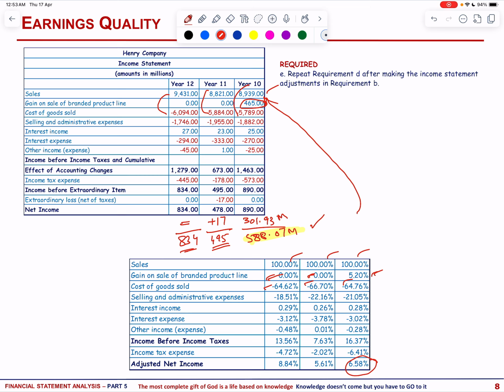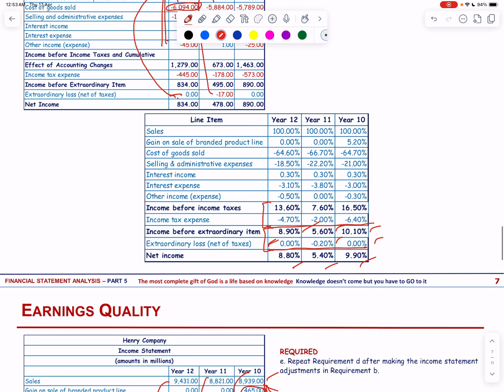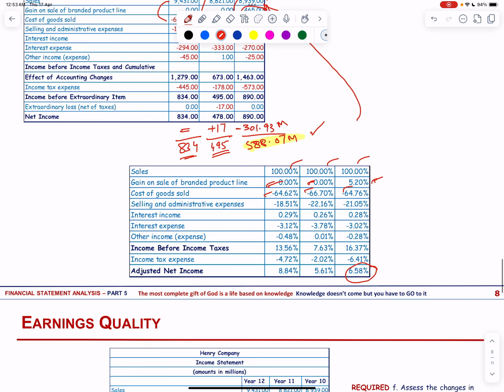So you can see that after removing the non-recurring gain by 301 million, Henry's profitability in the year drops. If you remember, the net income was 9.9%. It has dropped to 6.58%.